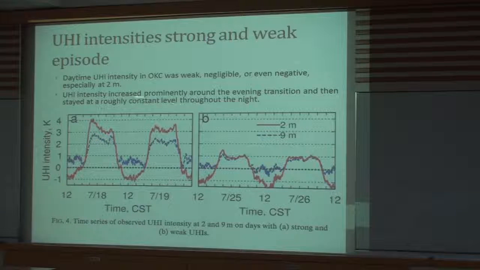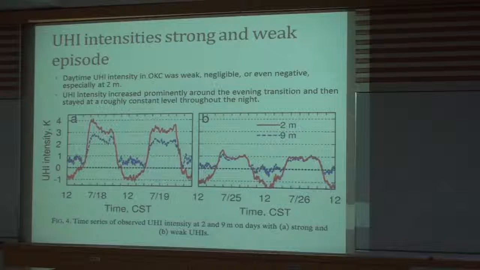And to further investigate this, we go into the 4-day episodes, and we divide this 4-day period into 2 strong episodes and 1 weak episode. In the strong or weak episode, we can see that in the daytime the temperature at 2 and 8 meters is similar, and here the UHI intensity is nearly 0.